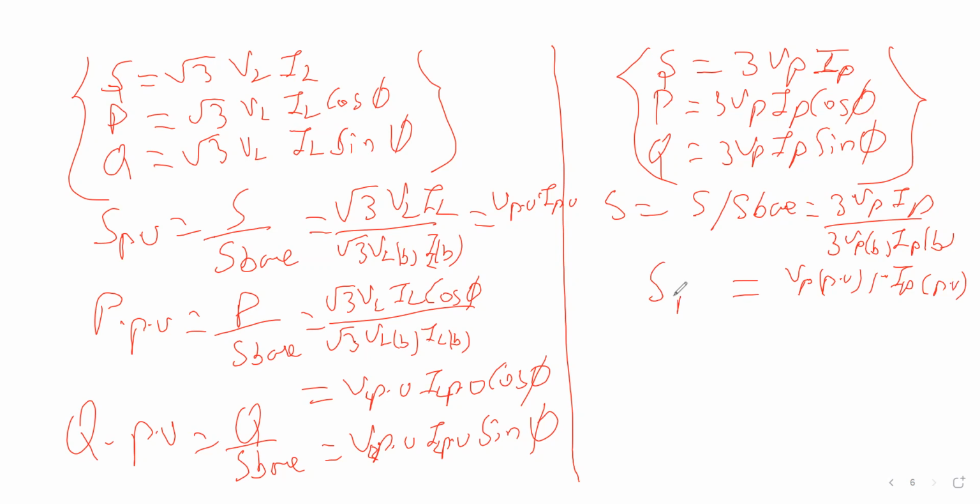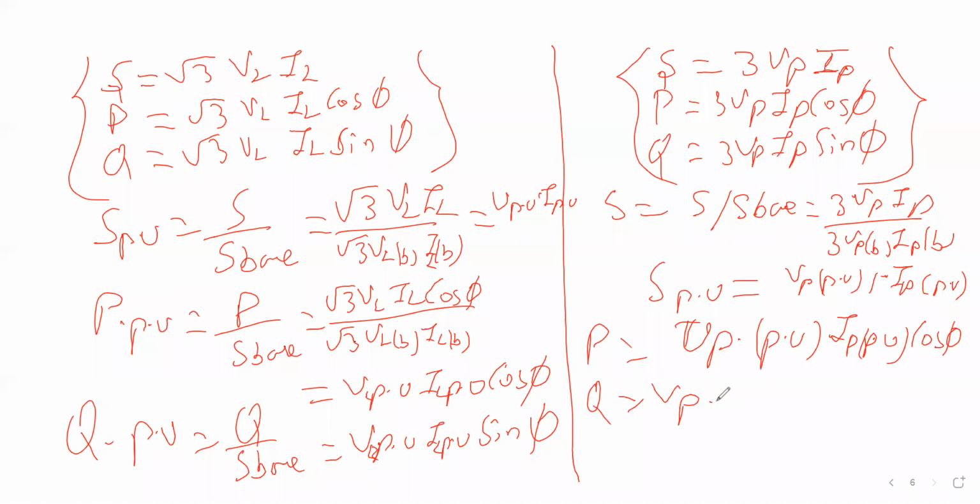Okay, your S per unit will be. Similarly, for P and Q, it will be your VP per unit IP per unit cos phi, VP per unit IP per unit sin phi.